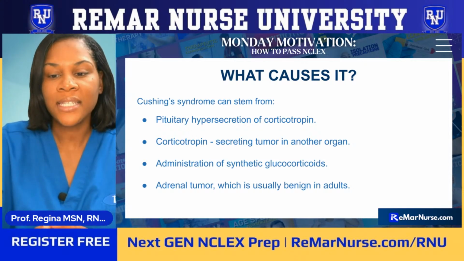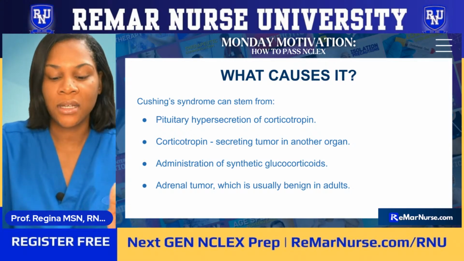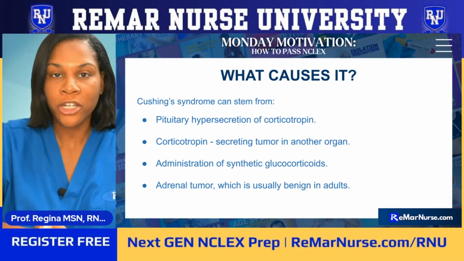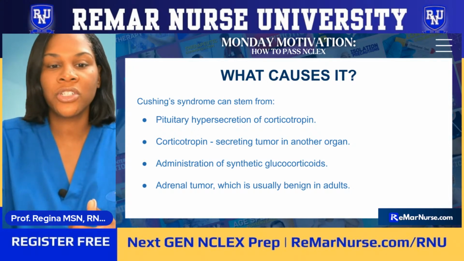This can happen typically if a patient has a tumor in the anterior pituitary gland that is causing some excess pressure or miscommunication, and then the patient can end up with Cushing syndrome.